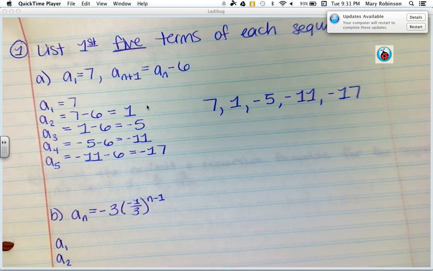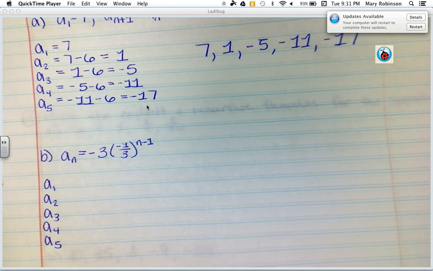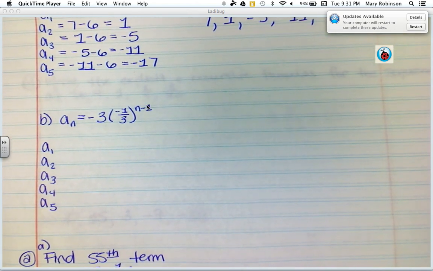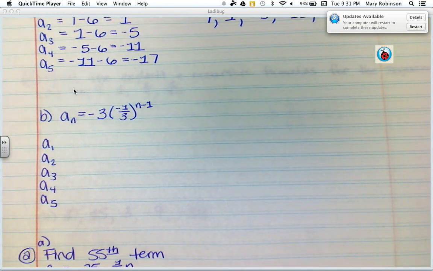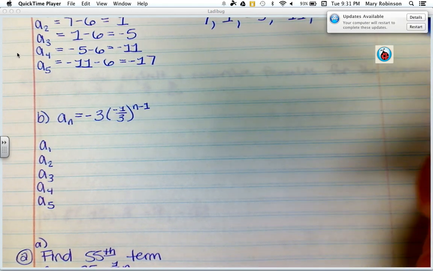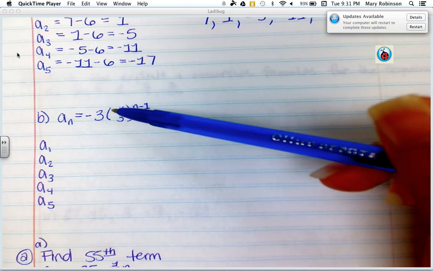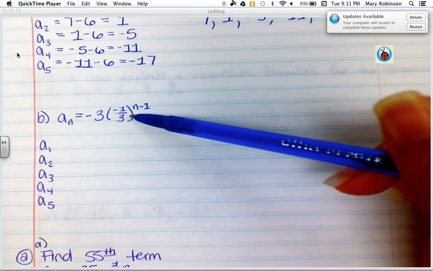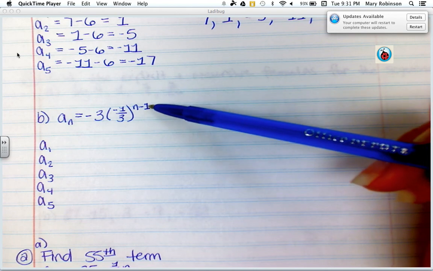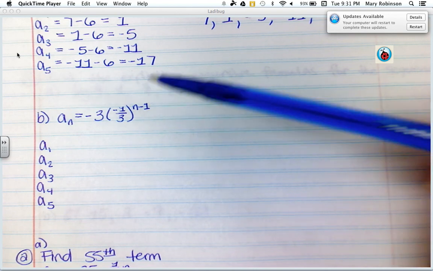So A was an arithmetic sequence. B is a geometric sequence because we have a common ratio and the exponent n minus 1.